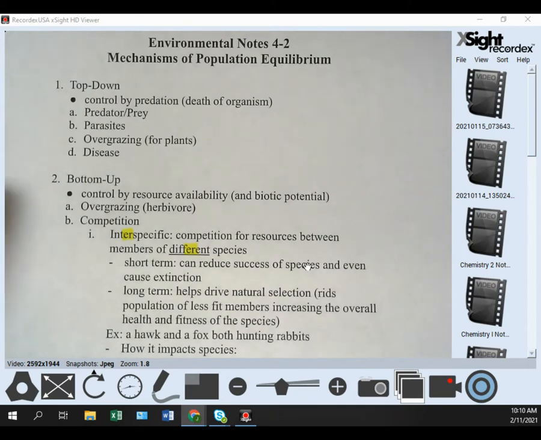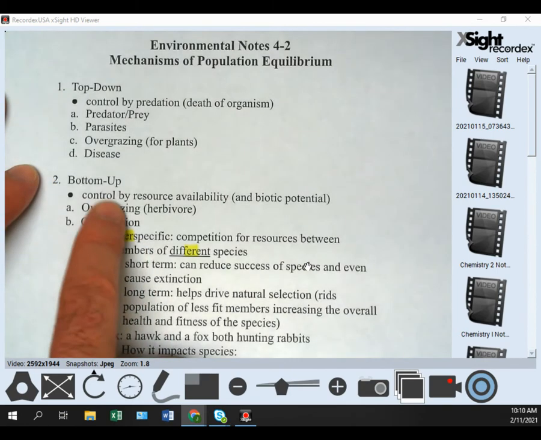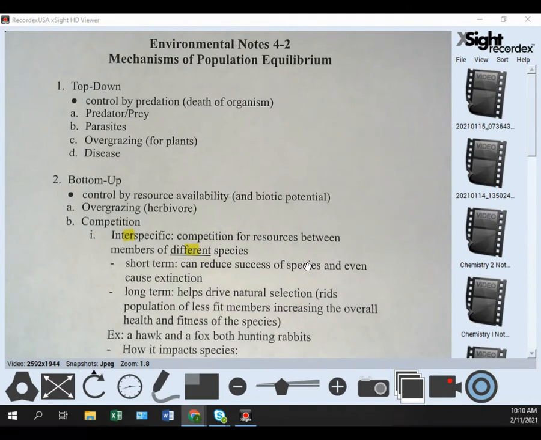All right, then the second category is bottom up. This is control by resource availability and biotic potential. Typically, I tell people that you can simplify the idea into this: it prevents more organisms from being born somehow, or reduces the number that are being born. Now there are some exceptions to this where organisms are already born, but they're dying off from a lack of resources.